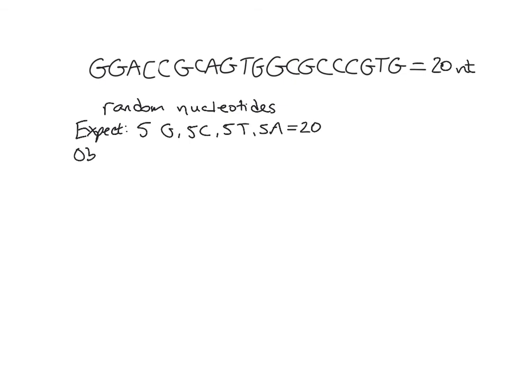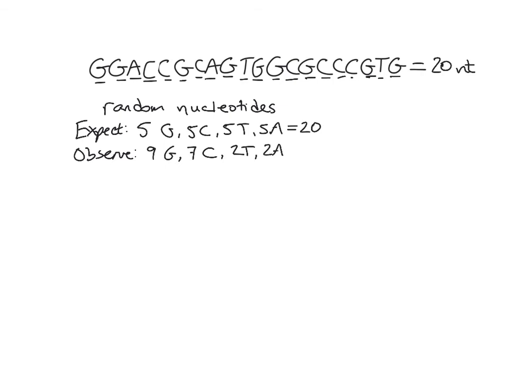So in this case, we just have to count up the observed numbers of nucleotides. That's 9 G's. Seven C's, 2 T's, and 2 A's.